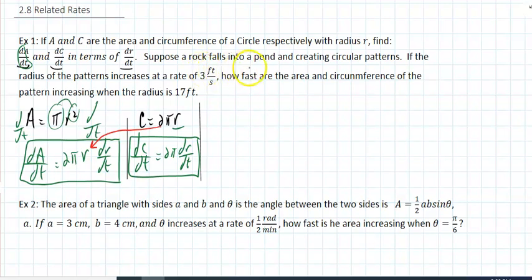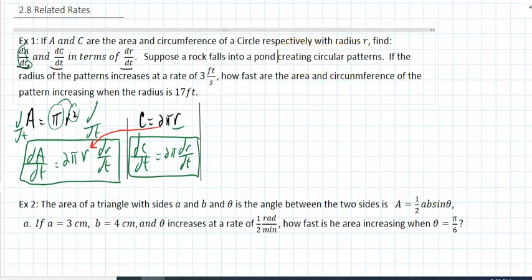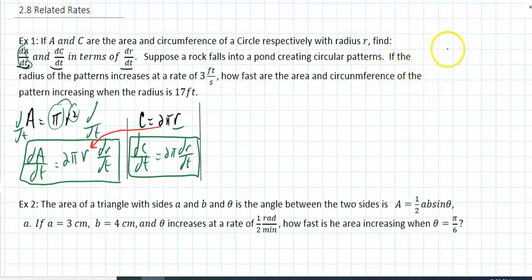Now what? Suppose a rock falls into a pond, creating circular patterns. So you drop one rock in a pond and start making those ripples. They're circular. If the radius of the pattern increases, that's dr/dt.